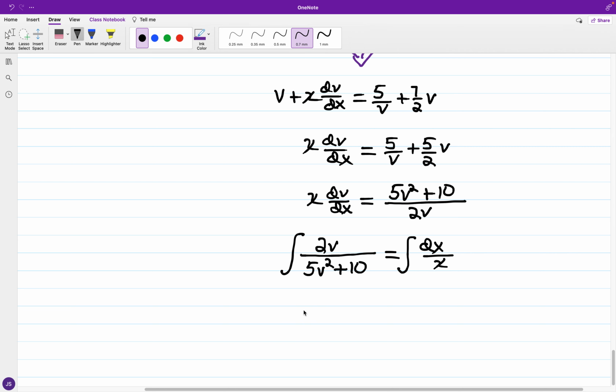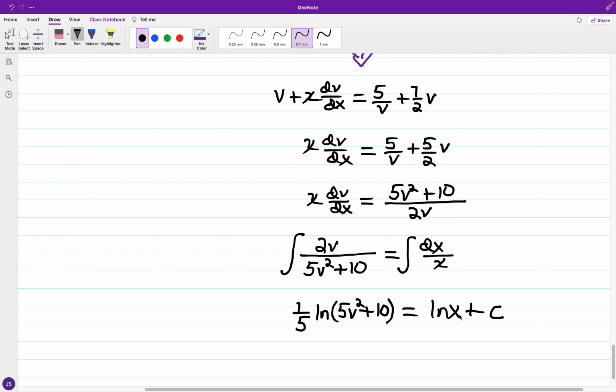So the antiderivative is going to be 1/5 of the natural logarithm of 5v squared plus 10, and here we have is equal to the natural logarithm of x followed by the constant.